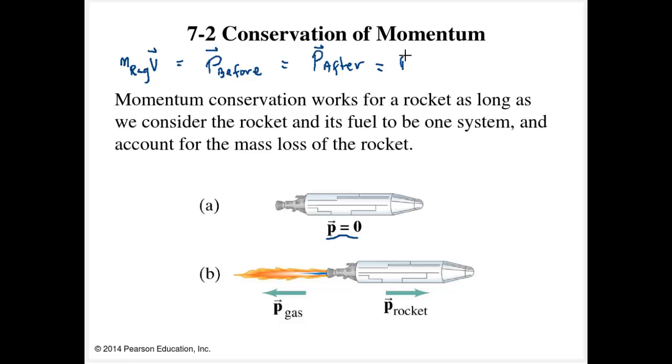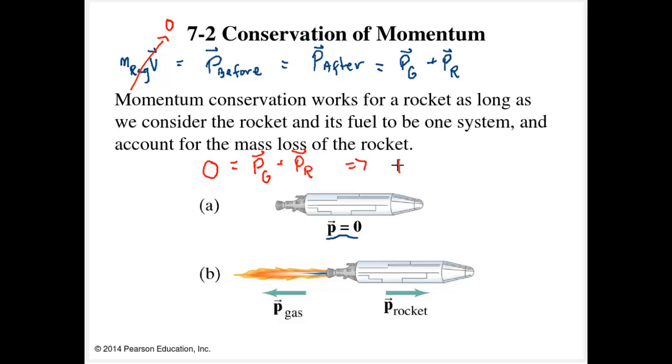Afterwards, we have the momentum of the gas plus the momentum of the rocket. If I set this guy equal to 0 here, all I have is 0 must be equal to the momentum of the gas plus the momentum of the rocket.